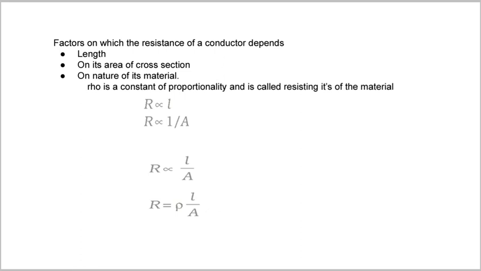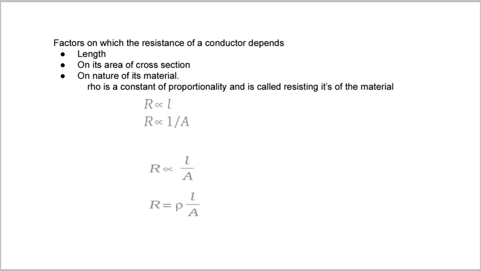If you are calculating its resistance, then you have to measure its length also, because it depends upon its length. Next is its area of cross section. Area of cross section means that if you cut that wire, that will be a circular part of that wire. You have to measure that circular cross sectional area.